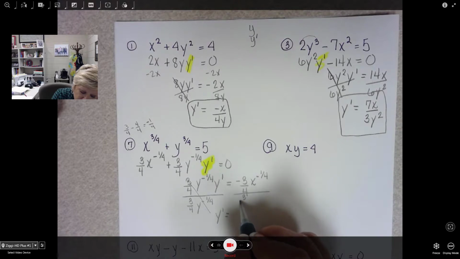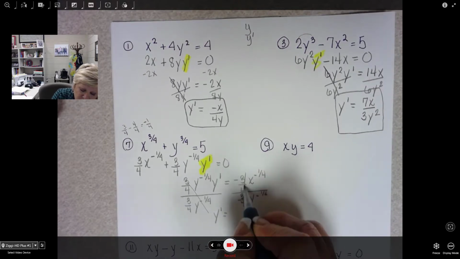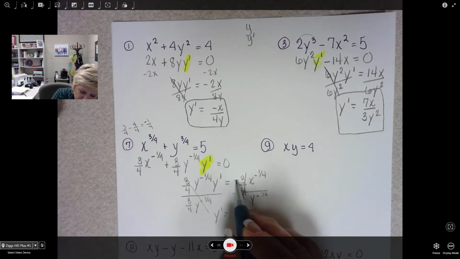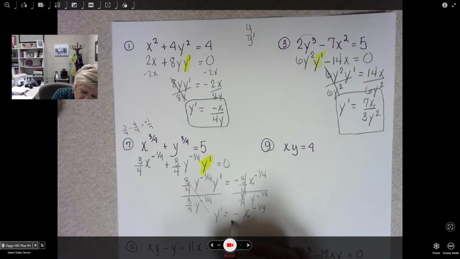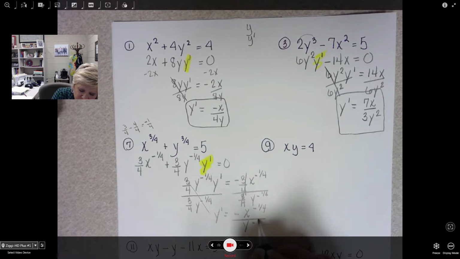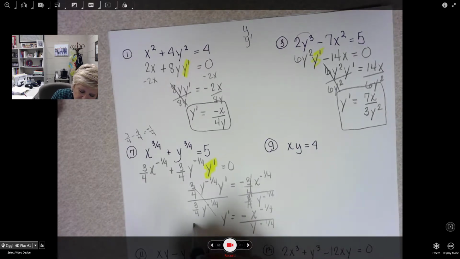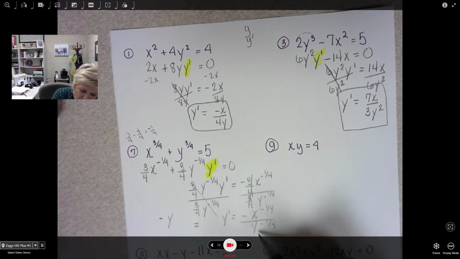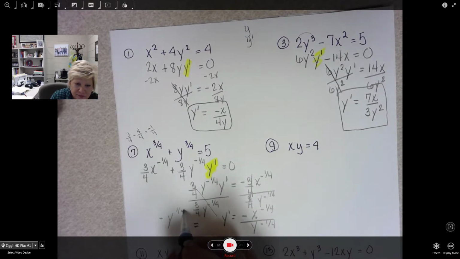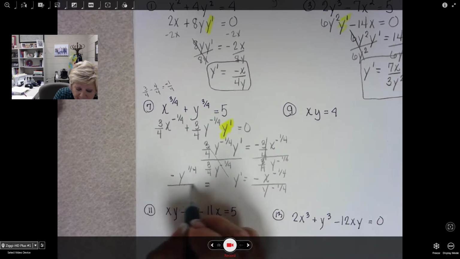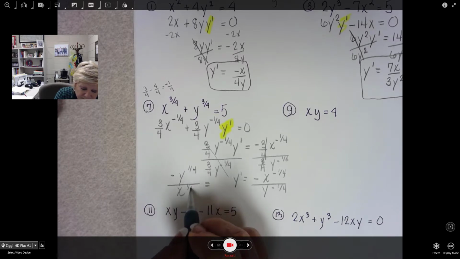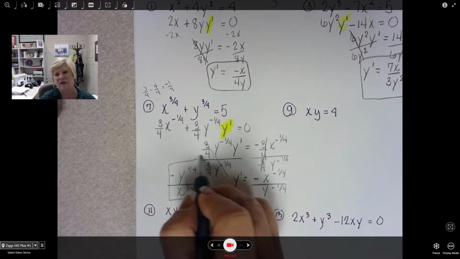That's a positive 3/4 y to the negative 1/4. Those divide out and you have a negative x to the negative 1/4 over y to the negative 1/4. And you would want to end up with positive exponents. So flip y to the top and the x to the bottom. And you have your answer.